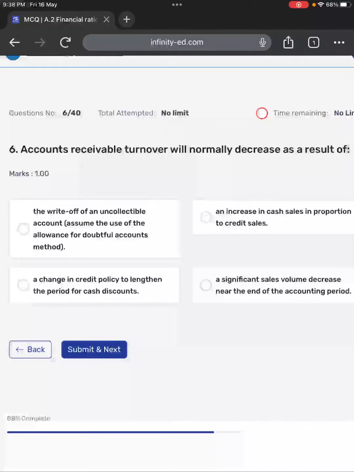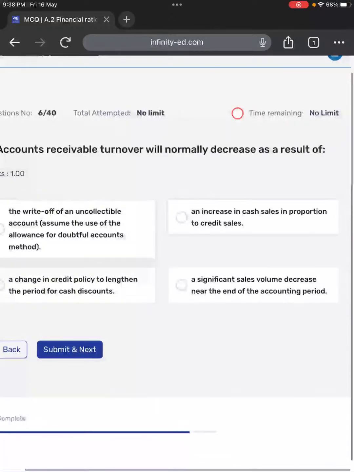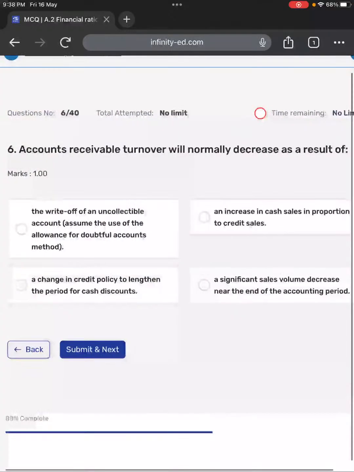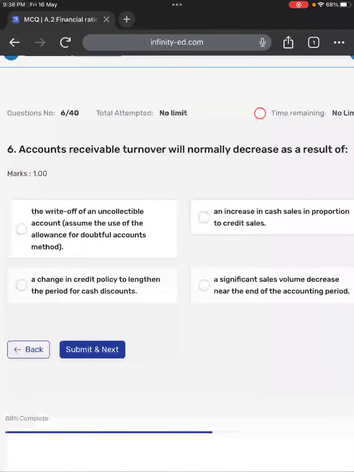Account receivable turnover will normally decrease as a result of what? Write-off of uncollectible account: this is already classified as bad debt, so it will not affect the account receivable turnover, even when written off.